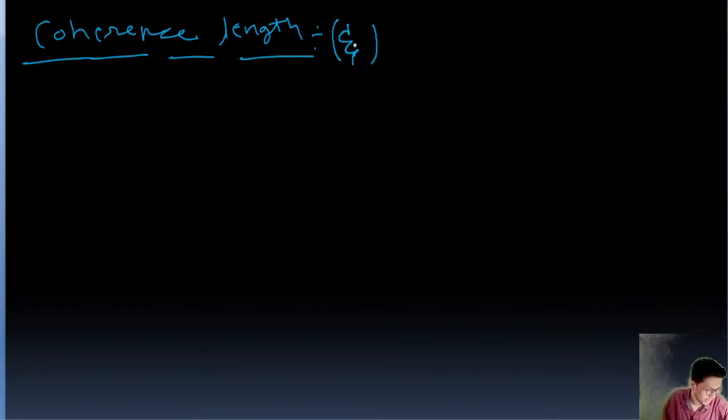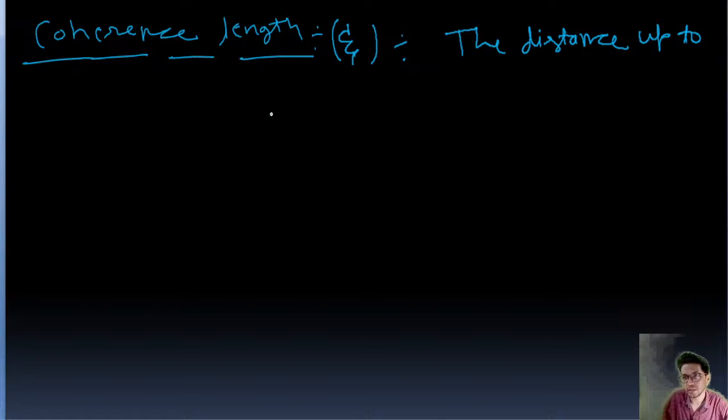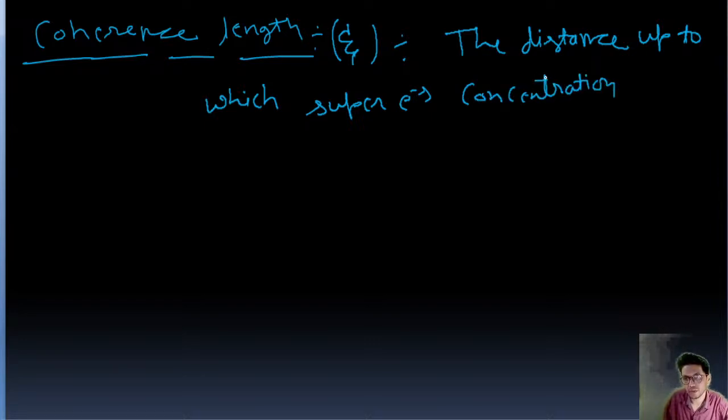The definition is the distance up to which the super electron concentration does not change, or doesn't change drastically.